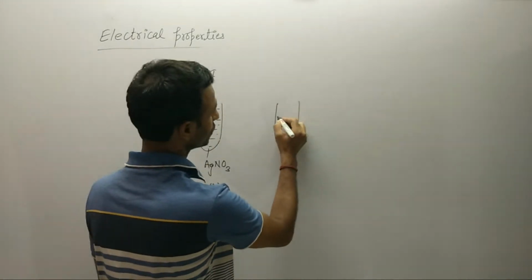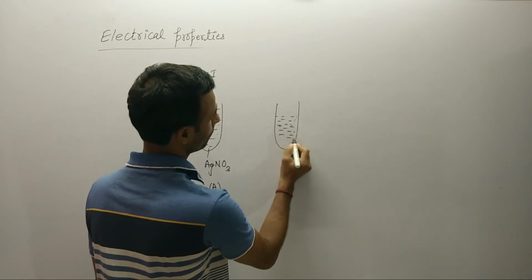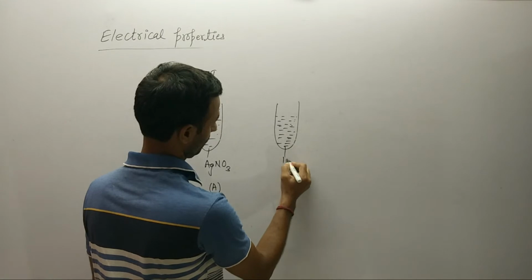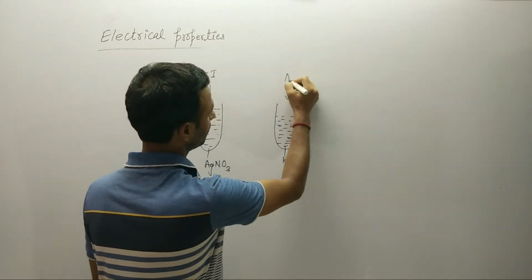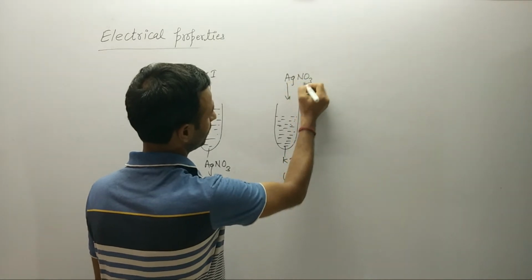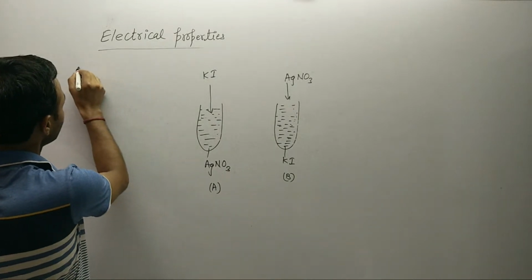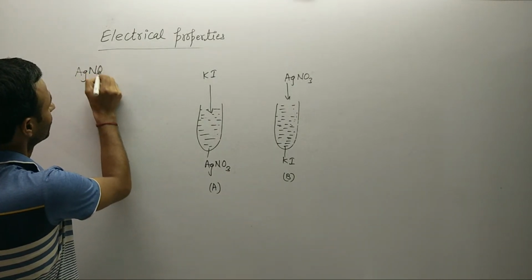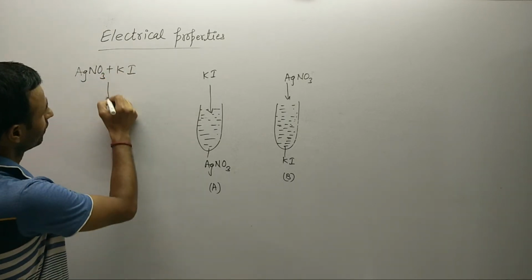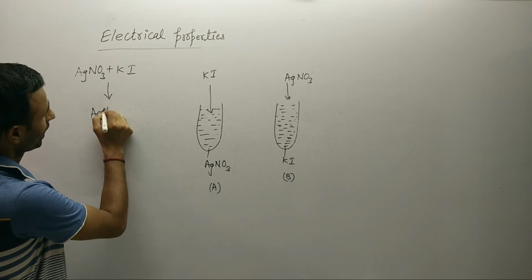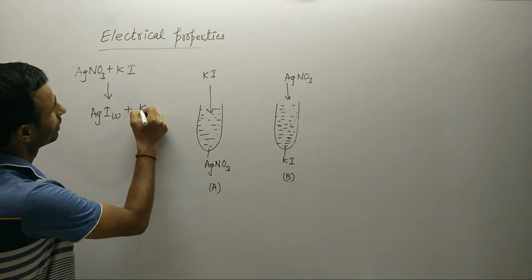In the second test tube, we have KI and we add AgNO3 in it. So obviously when AgNO3 comes in contact with KI, we get AgI as a sol particle along with KNO3.